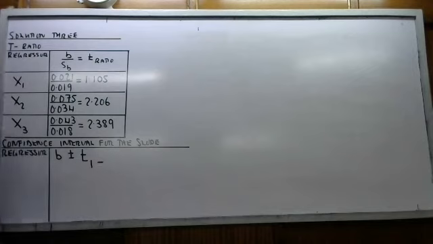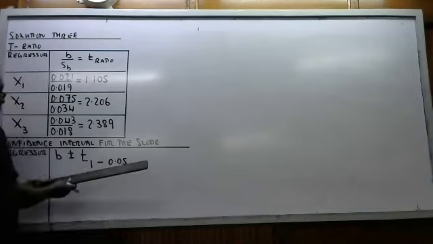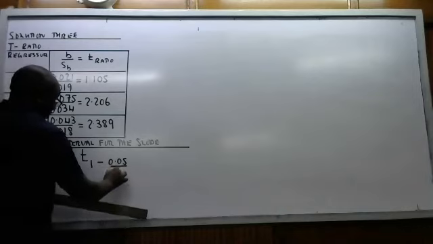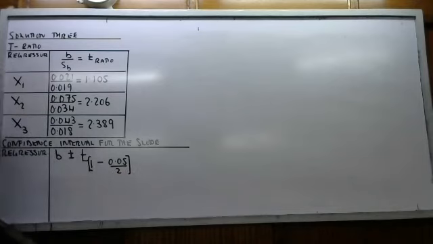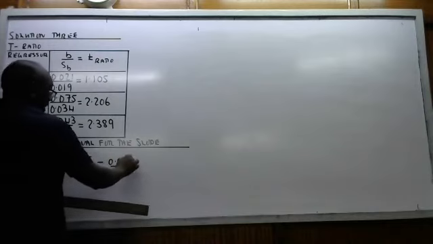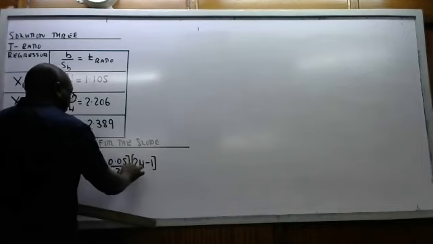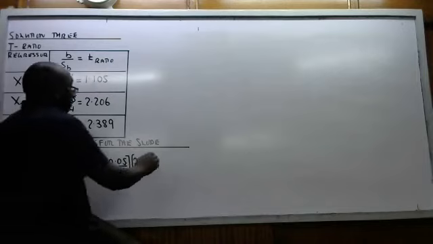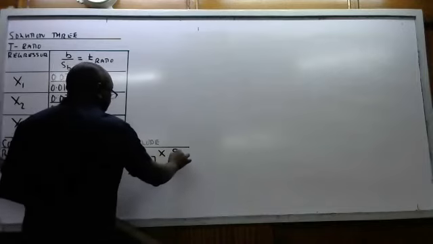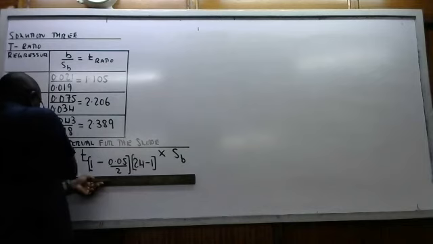Because the confidence level is 95%, alpha is 5%, so we write it this way. You divide by 2, and n is 24, the sample size is 24. Then you multiply by SB.